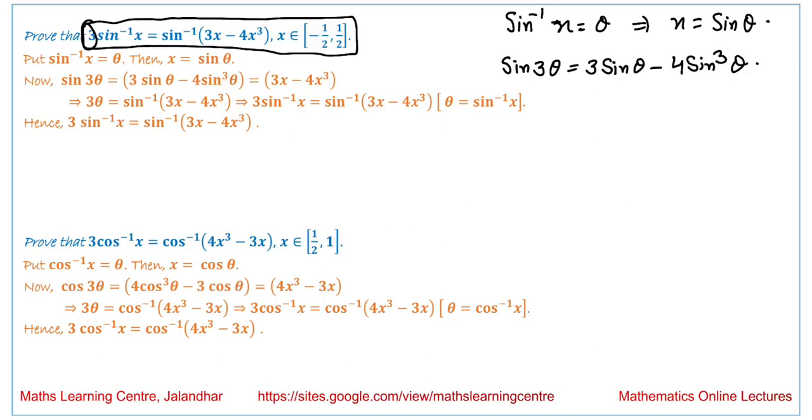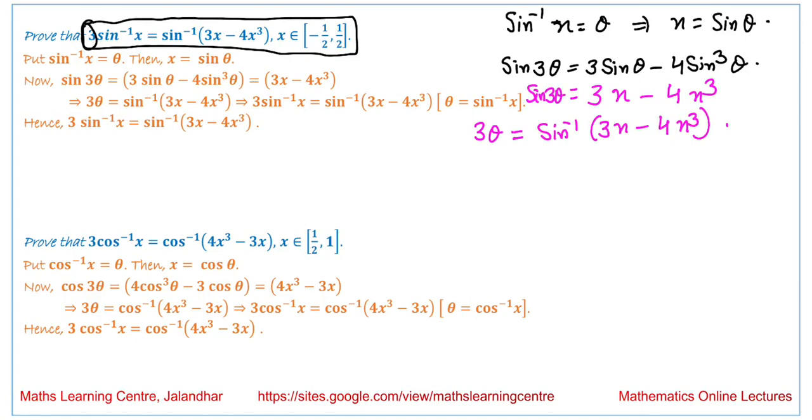If we substitute the values over here, in place of sine theta we write x, so we get 3x minus 4x cube. So we get the value of 3 theta is equal to sine inverse of 3x minus 4x cube. We are writing sine 3 theta is equal to this. Why? It is given that x belongs to the interval minus 1 by 2 to 1 by 2. So what will this imply?